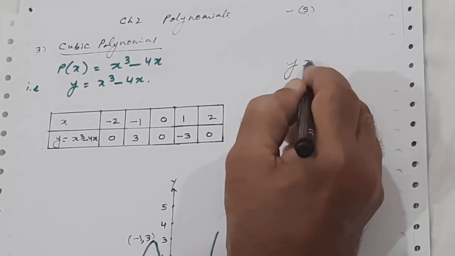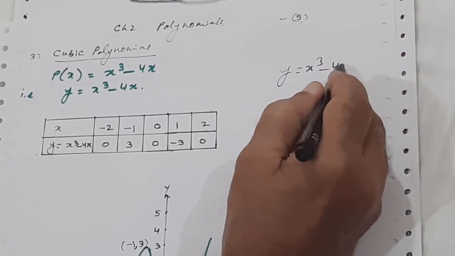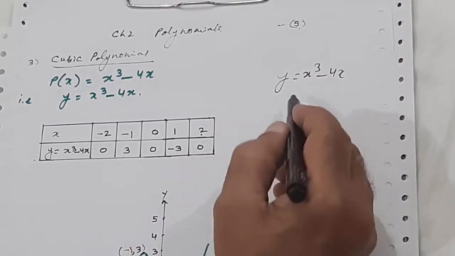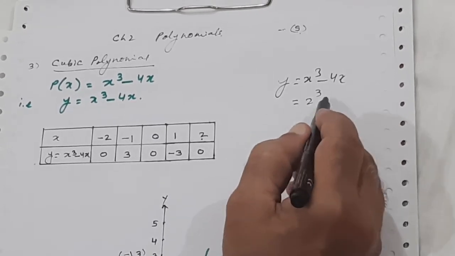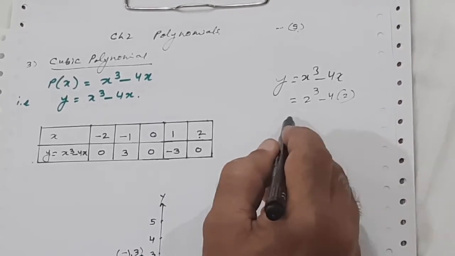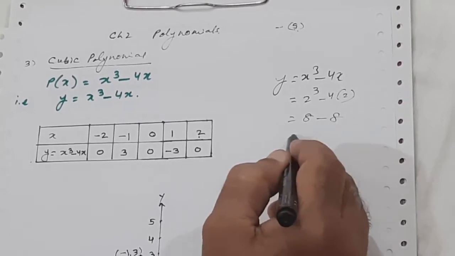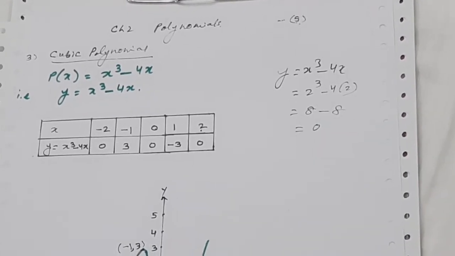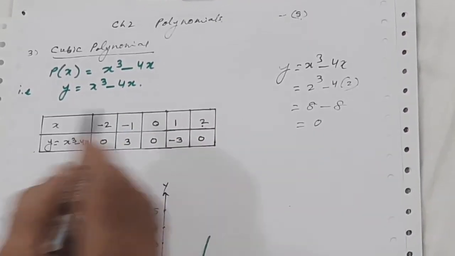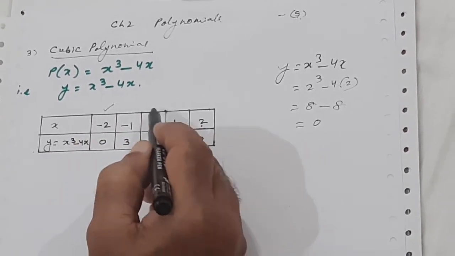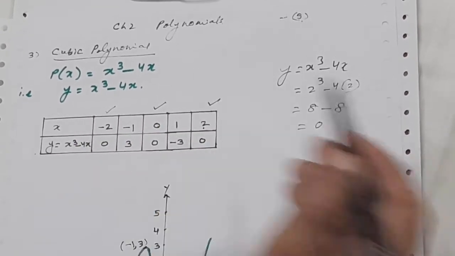So y is equal to x cube minus 4x. Now I am taking x is equal to 2. So 2 cube minus 4 into 2. 2 cube is 8, 8 minus 8. Y becomes 0. So you see that these are the three zeros: minus 2, 0 and 2.